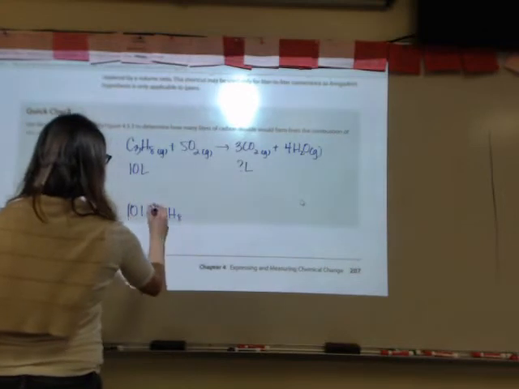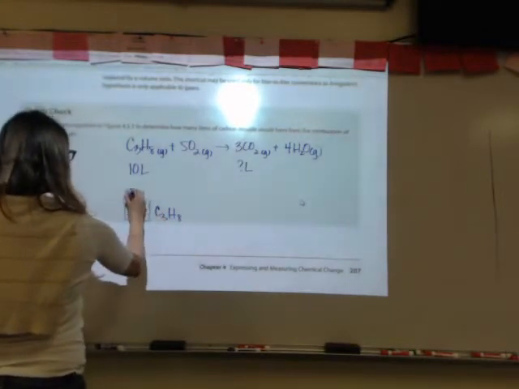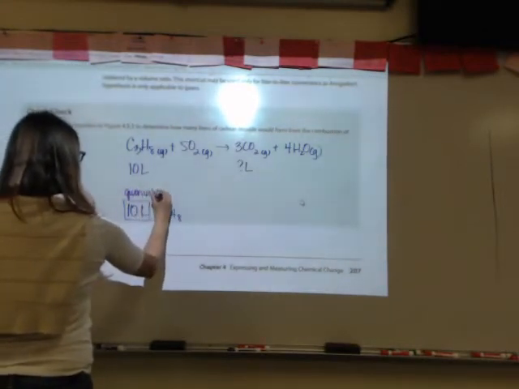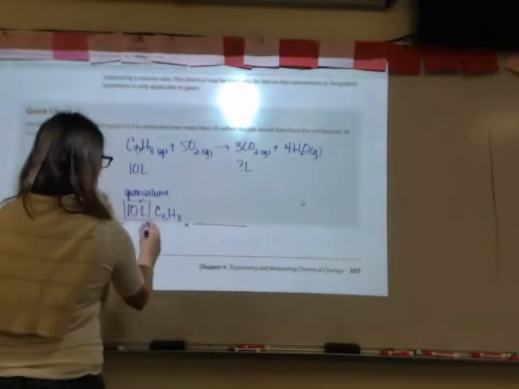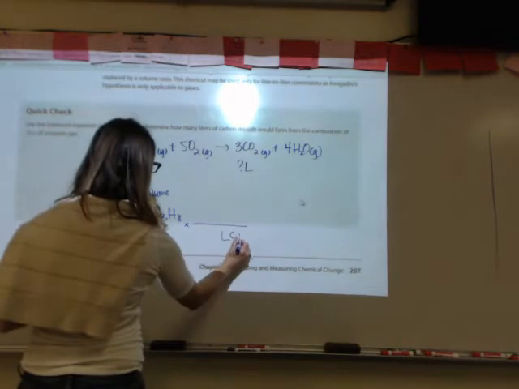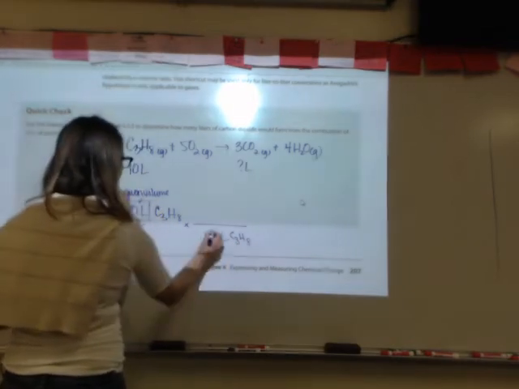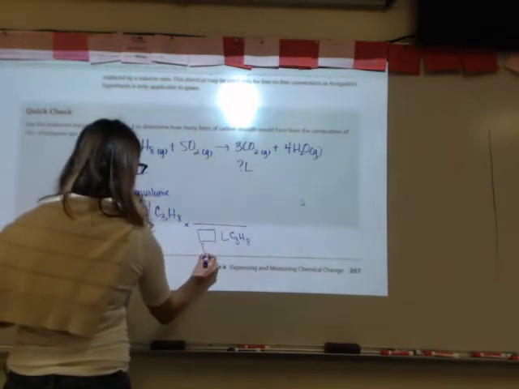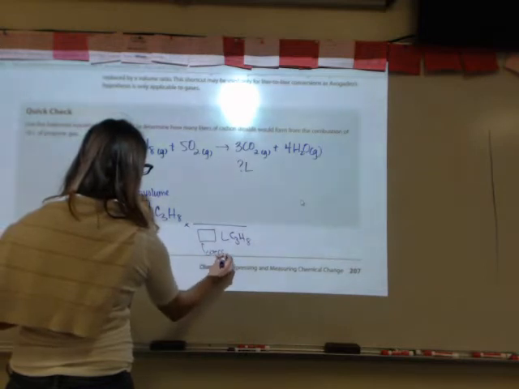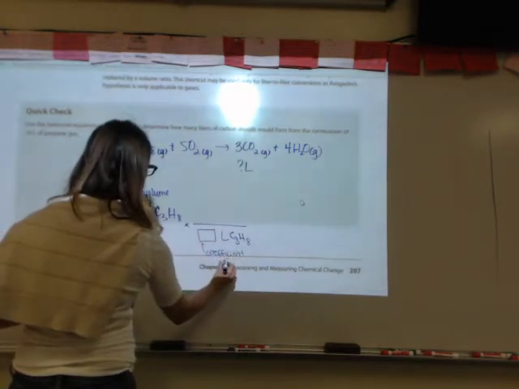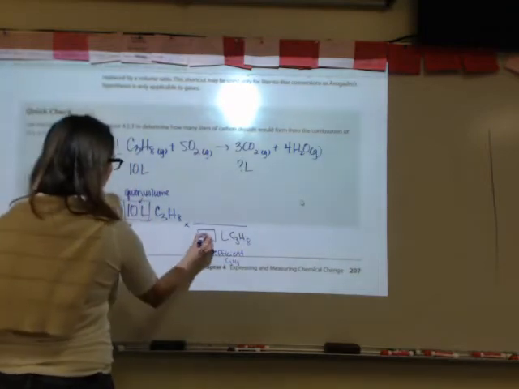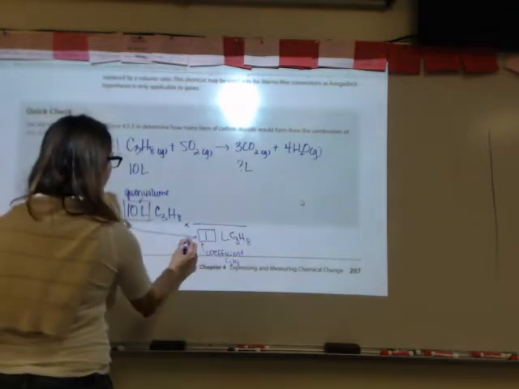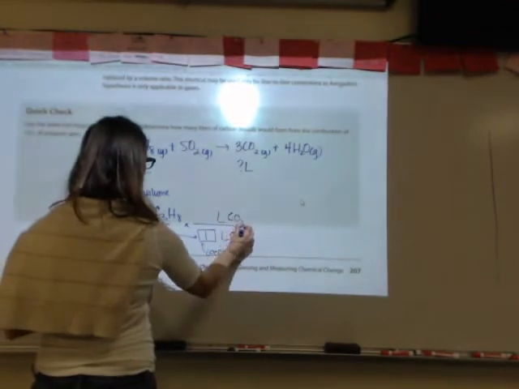So here, this is a given volume here. Liters of C3H8 follows me onto the diagonal. The number that goes here is the coefficient on C3H8, which is a 1. So I put a 1 here. Then I'm going to liters of CO2.